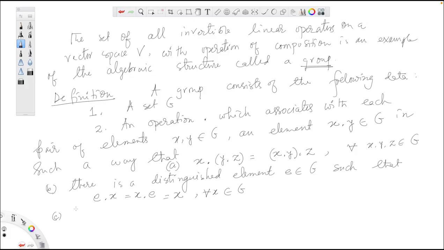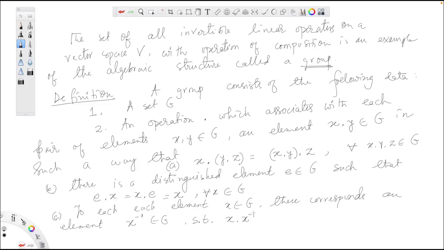C, to each element x in G, there corresponds an element x inverse in G such that x dot x inverse is equal to x inverse dot x is equal to the identity element, that distinguished element e of G. And this x inverse is called the inverse of the element x.